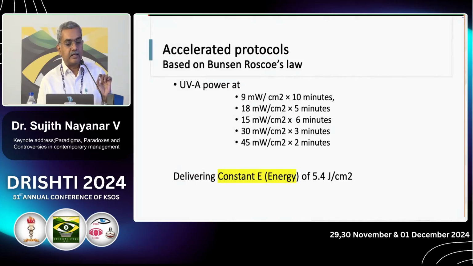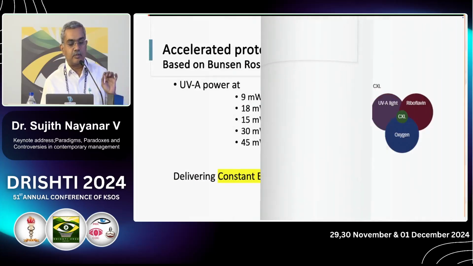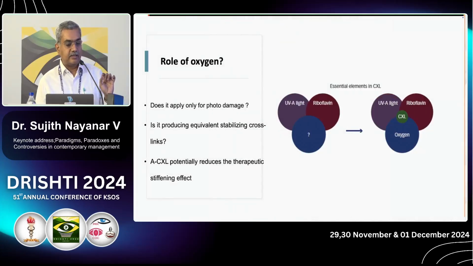We know accelerated protocol is based on the Bunsen-Roscoe law, but it's only for the photochemical reaction. Whether the cross-linking is happening following that law is again unanswered. The difference in the accelerated is that it shows a very shallow demarcation line, which shows that it may not be as effective as the Dresden protocol. There are some studies that show that it's equally effective also.